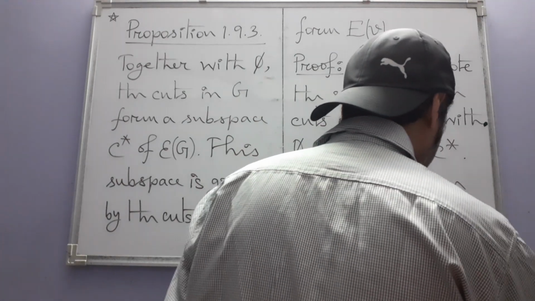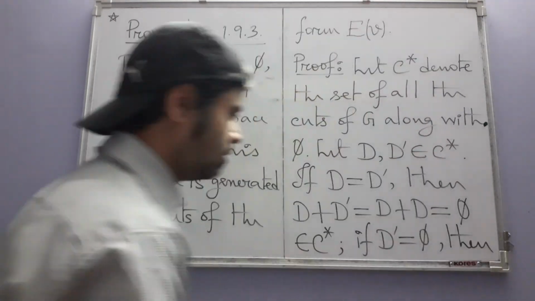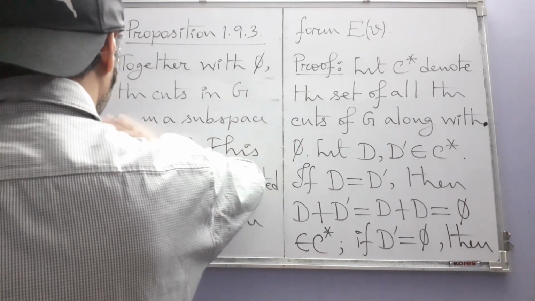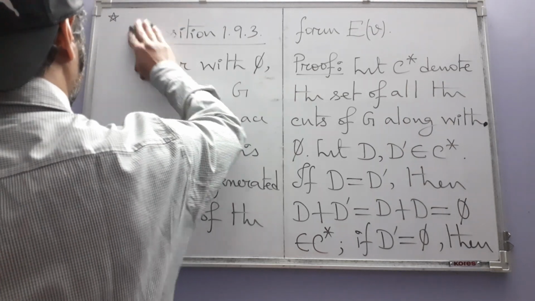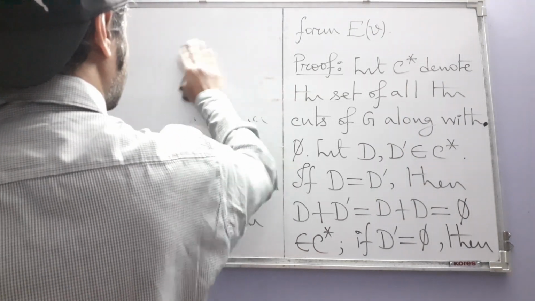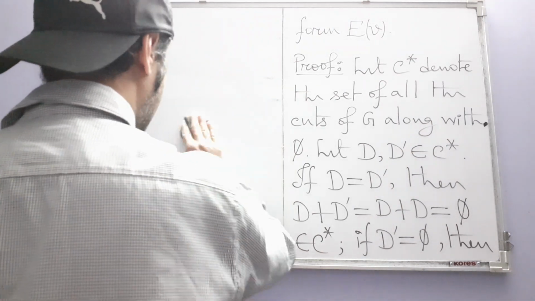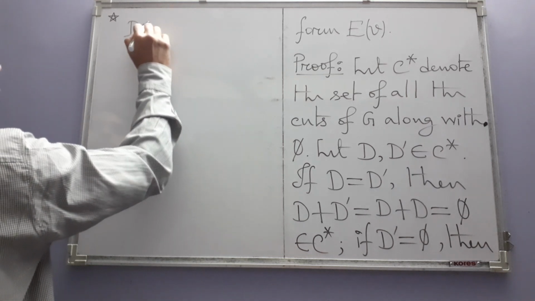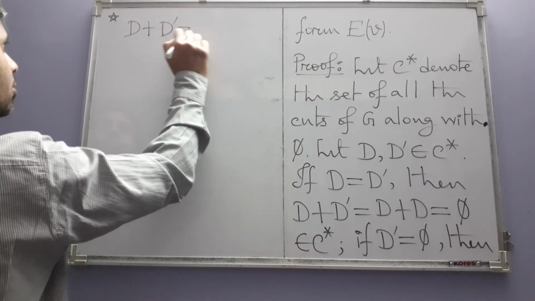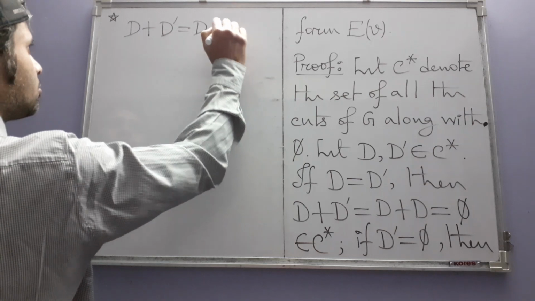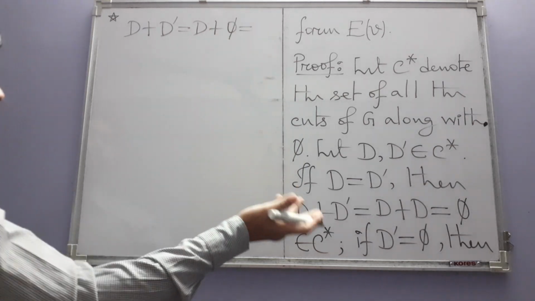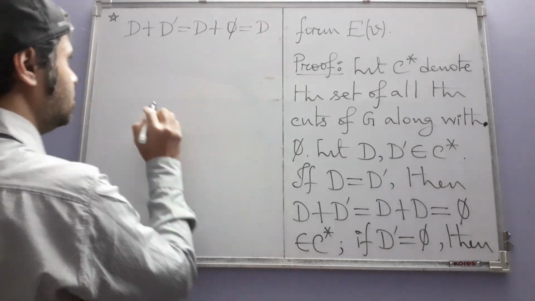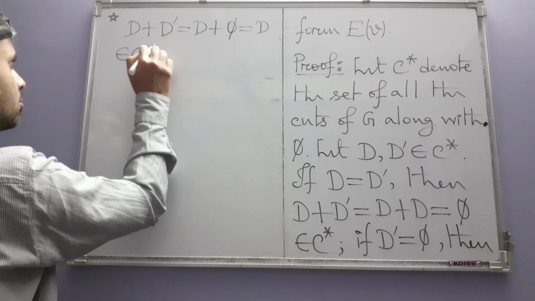If D star is empty, then also the sum can be calculated very easily. Then D plus D prime is equal to this, and since in our space the empty set is the zero vector, so this is D, which again of course belongs to C star.